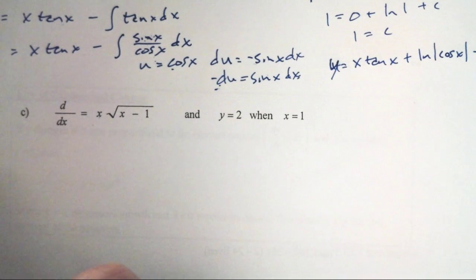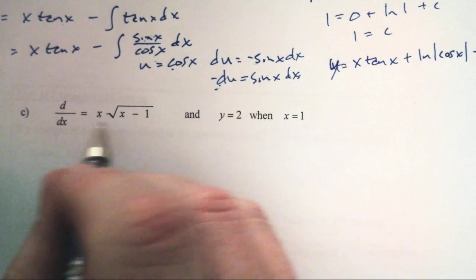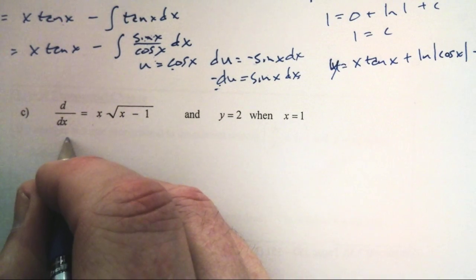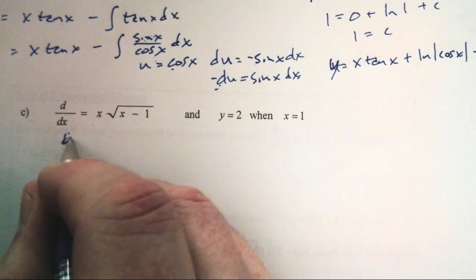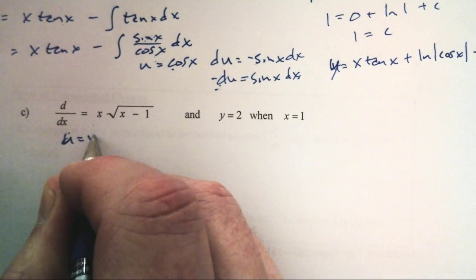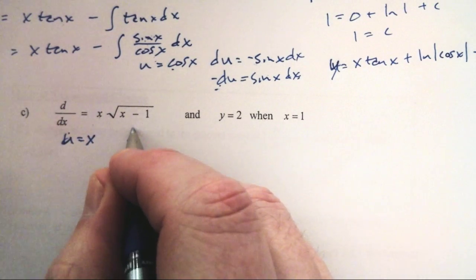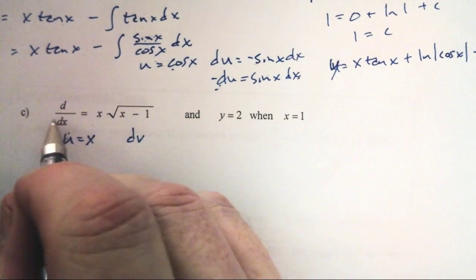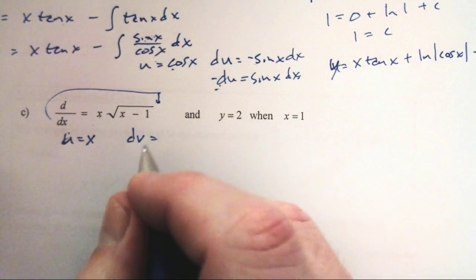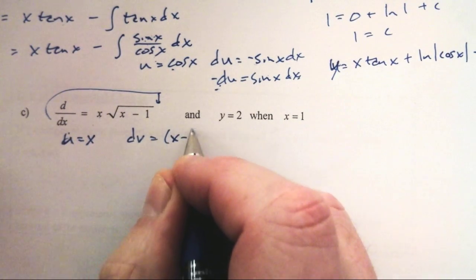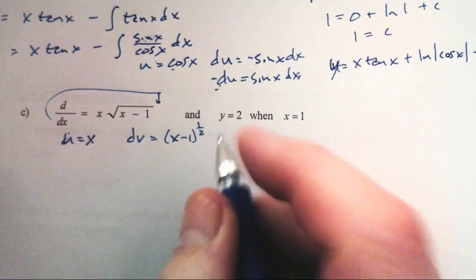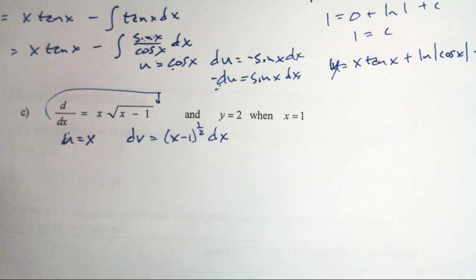I'm going to give this a shot, and maybe I'm going to come back and try something different. So I'm going to go u is x. Maybe I'll regret that. That makes dv be x minus 1 to the 1/2, square root of x minus 1, dx. Might regret this. We'll see.